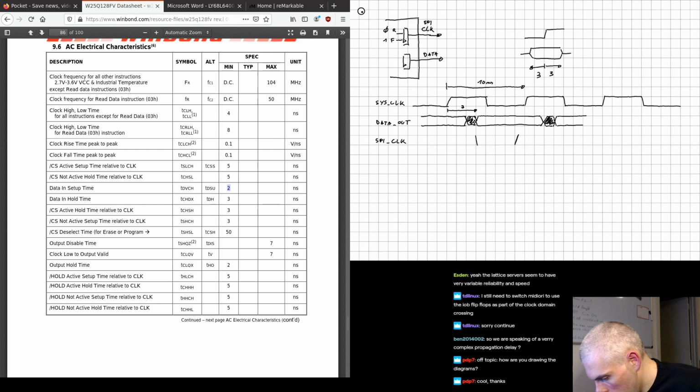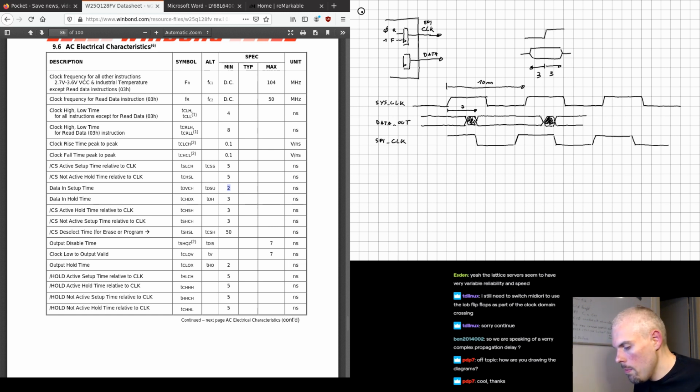Right, so we have this. And so the rising edge here is 3 nanoseconds after the falling edge.